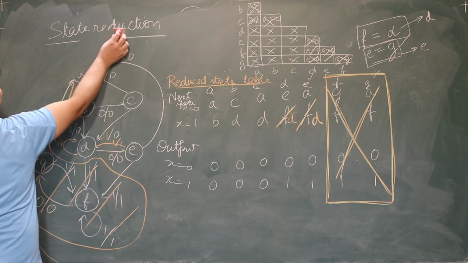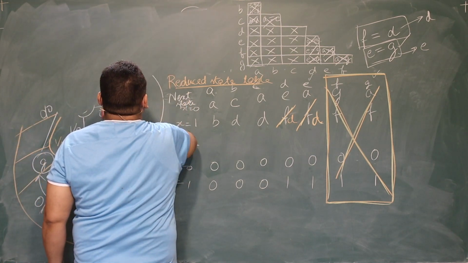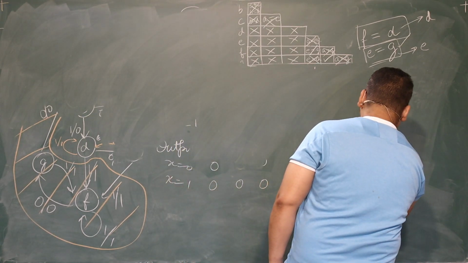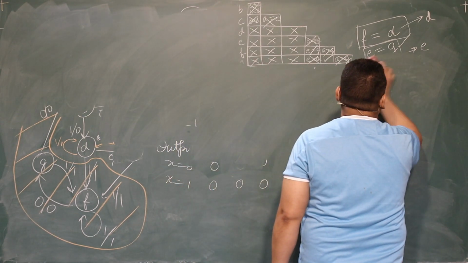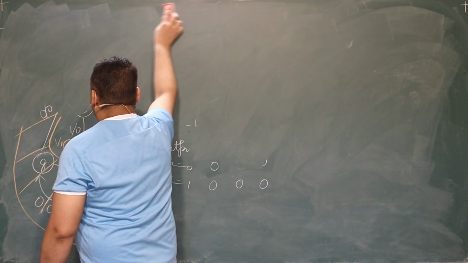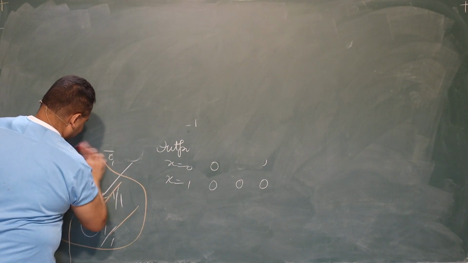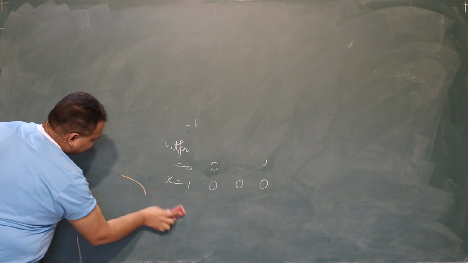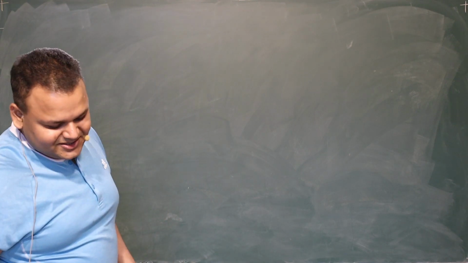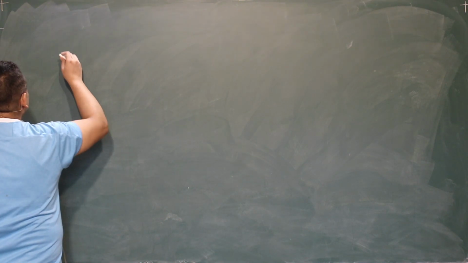Okay. So let us continue with a special kind of finite state machine, which is a register. We have talked about this previously. We have talked about a shift register previously.